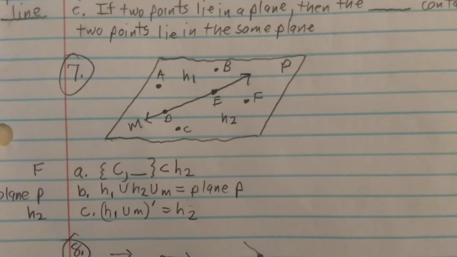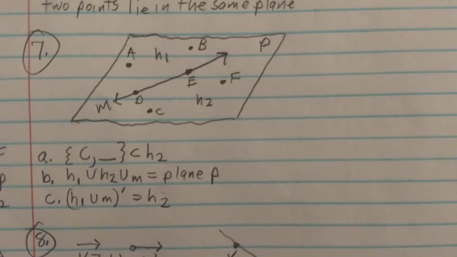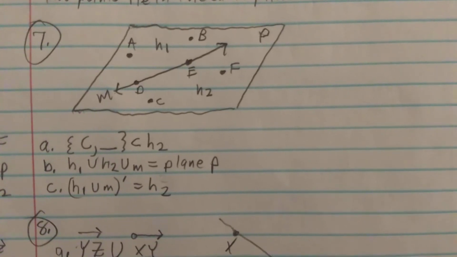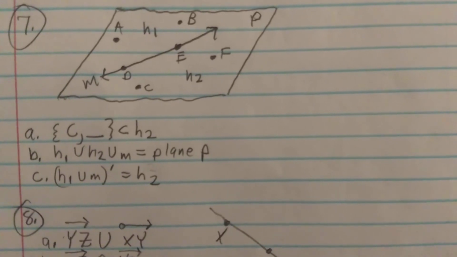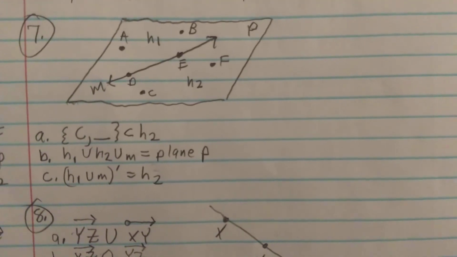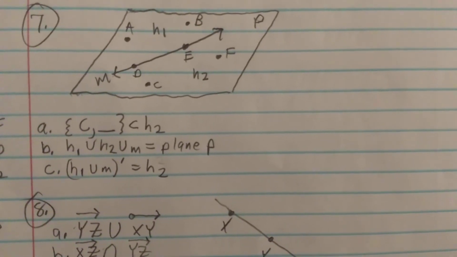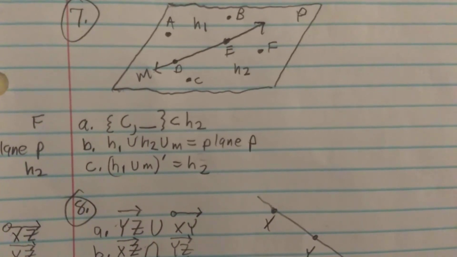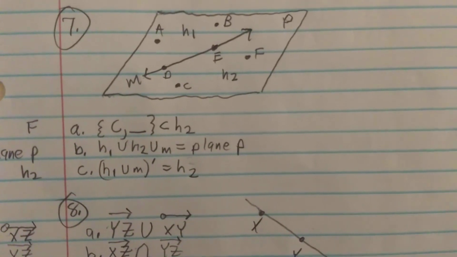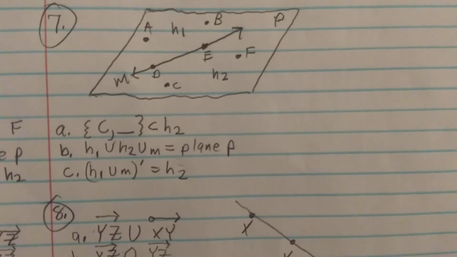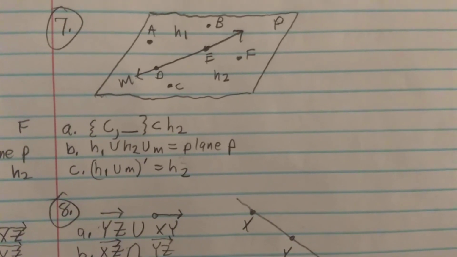Now for 7, we have a plane, P, up in the upper right corner. We have a line M that divides the upper half plane H1 from the lower half plane H2. And the upper half plane has points A and B in it, and the lower half plane has points C and F in it. Now to complete the blank on A, C, F is a subset of the lower half plane H2, because those are the 2 points there.